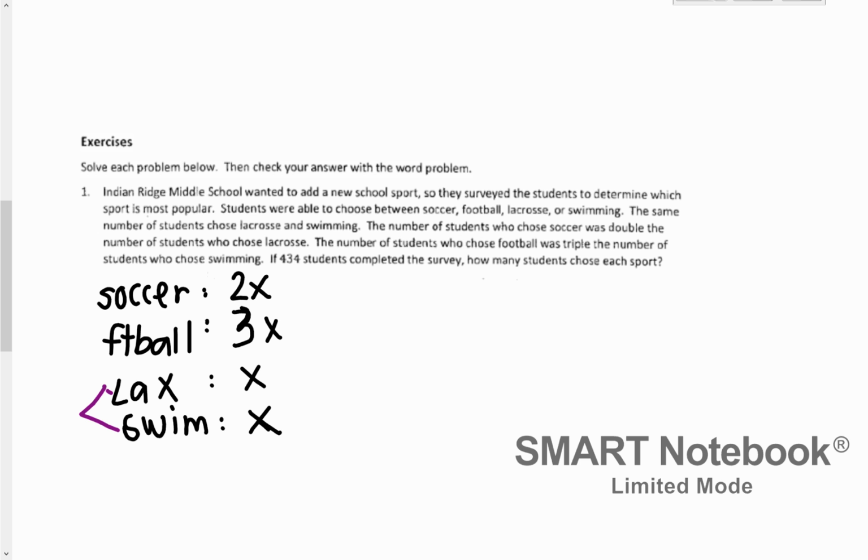All right, so what we are going to do is we are going to make this into an equation. So we'd add up all of these amount of people who voted for these sports, and it's going to be equal to the 434 students who voted. So we'd have 2x plus 3x plus x plus x equals 434. We're going to combine some like terms.